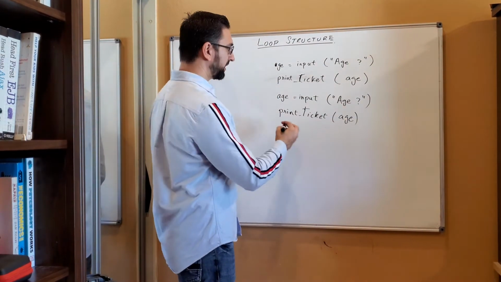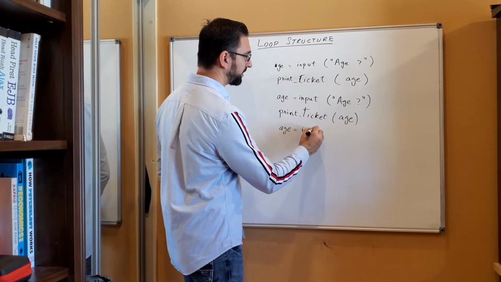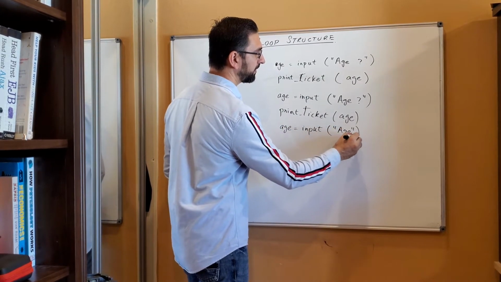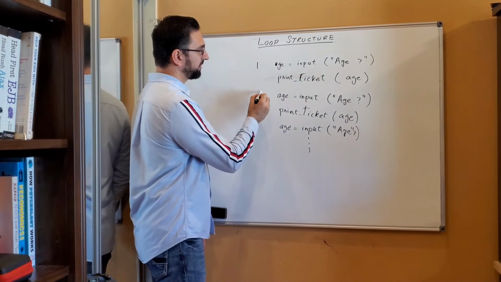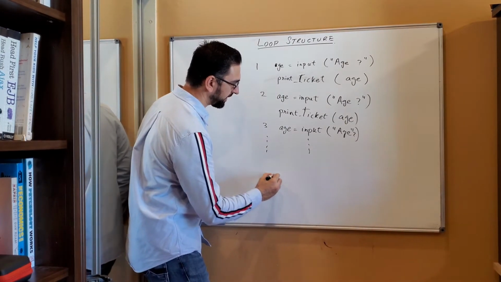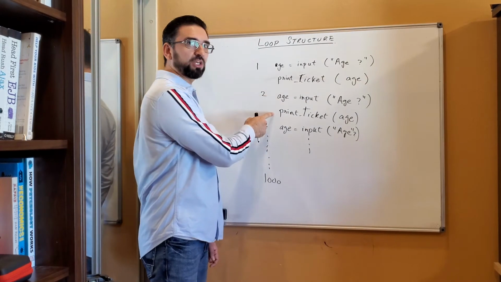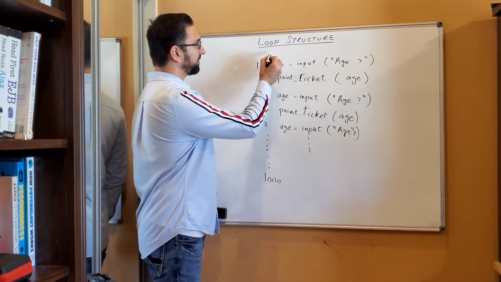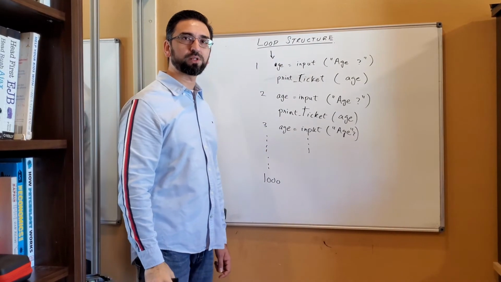If you have a third user, we will do the same thing, input age, and so forth. For 1,000 users, we will have to do the same steps 1,000 times. Now, can you imagine copying and pasting all these lines 1,000 times, so that the program starts at the beginning and then goes one by one and processes 1,000 users?